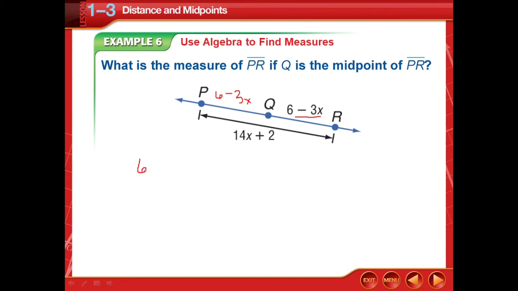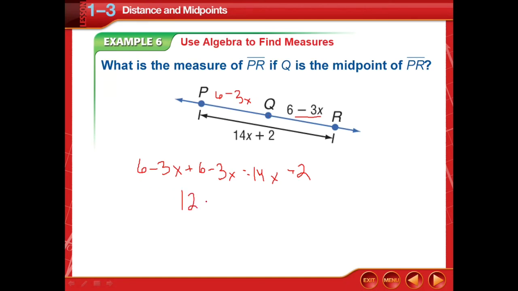So I would take 6 minus 3x plus 6 minus 3x, and I'm going to set it equal to 14x plus 2. And I greatly apologize for my penmanship. I am working on improving that as well by getting even more new technology.